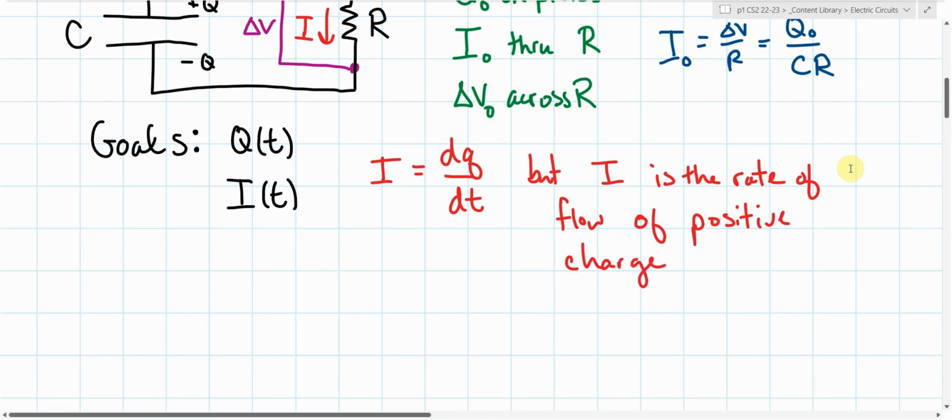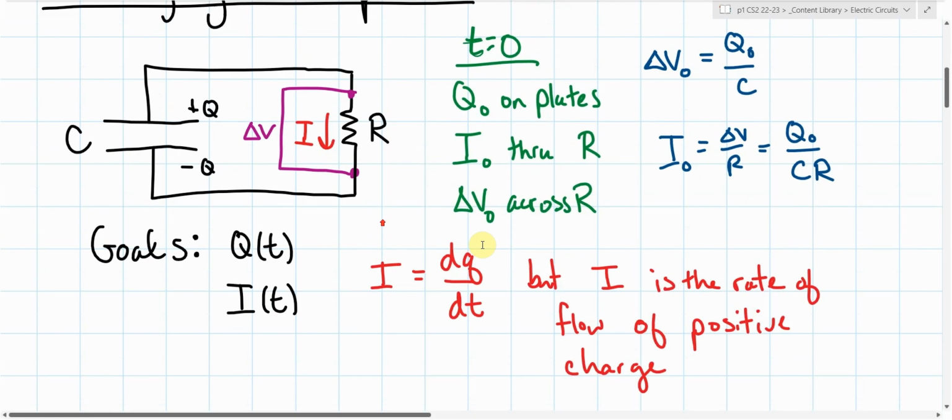Okay. But I is the rate of flow of positive charge. If you want this red equation to be true, for the current to flow, charge must be leaving the plates. The plates have charge. The charge leaves the plates, flows around, and comes back on the other plate. Okay?